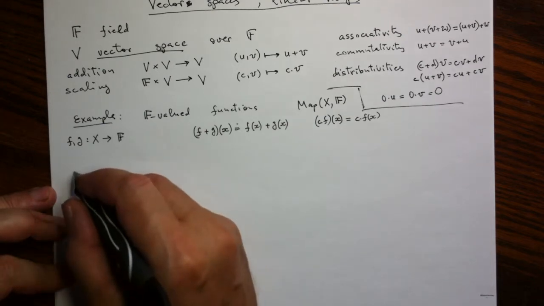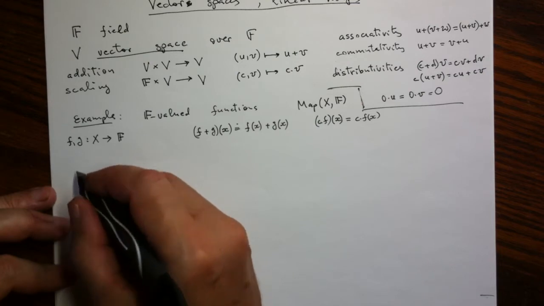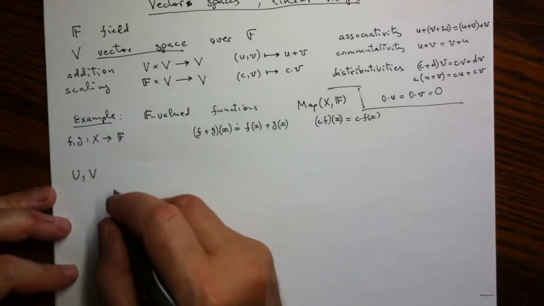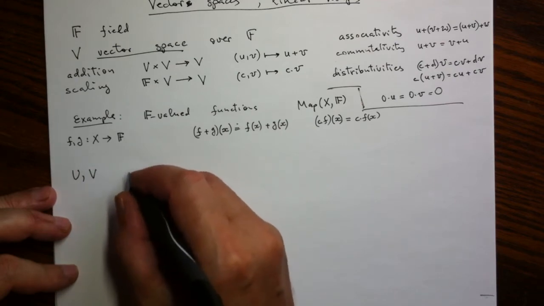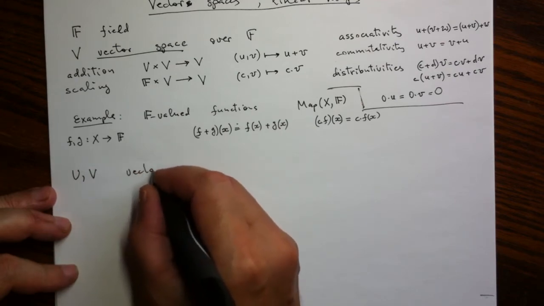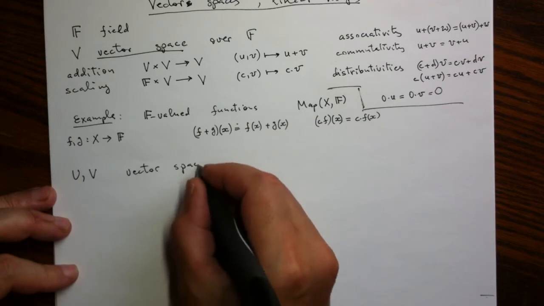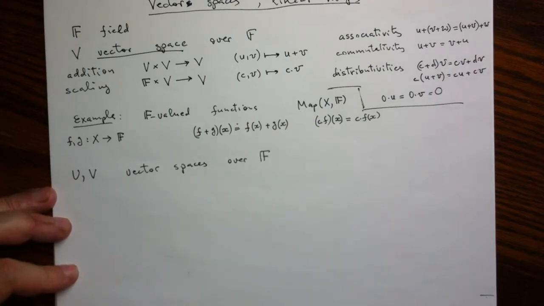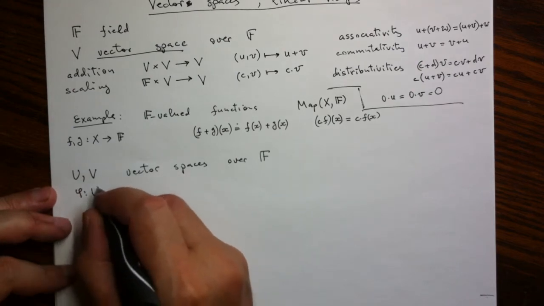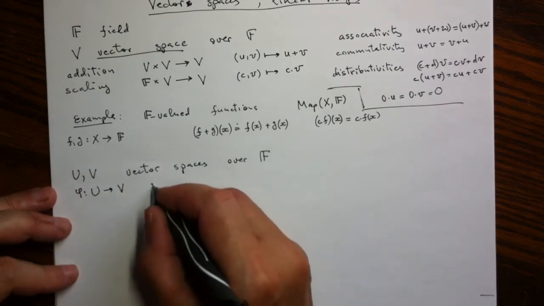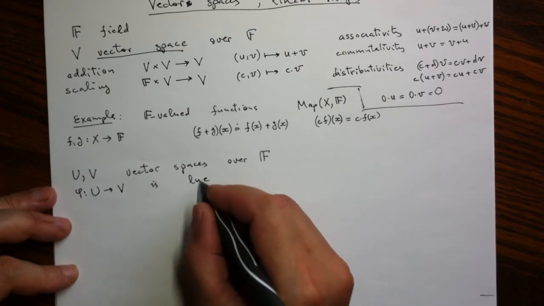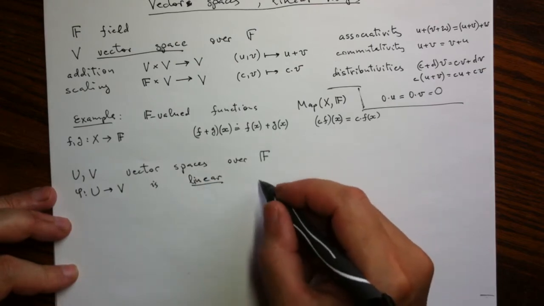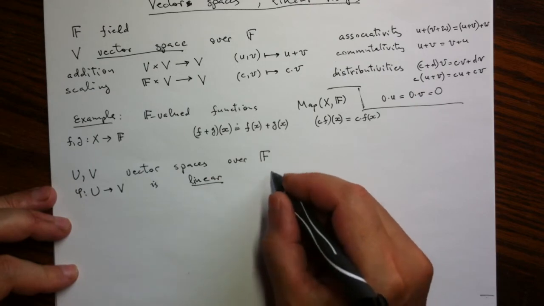The way two vector spaces talk to each other is via linear maps. Let U and V be vector spaces over our ground field F. A map from U into V is linear if two properties are satisfied.